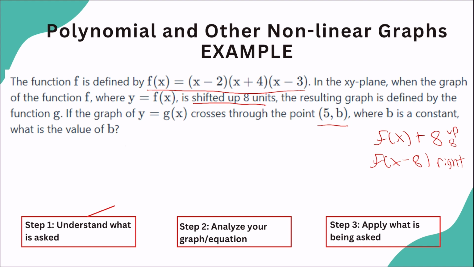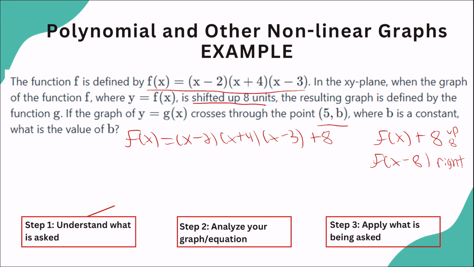And for this bottom one, if it would have been plus 8 inside the parentheses, that would have shifted us left 8. So after reviewing this, I can just rewrite our original equation as f of x equals (x minus 2)(x plus 4)(x minus 3) plus 8. And that's shifting our entire graph up 8 units.